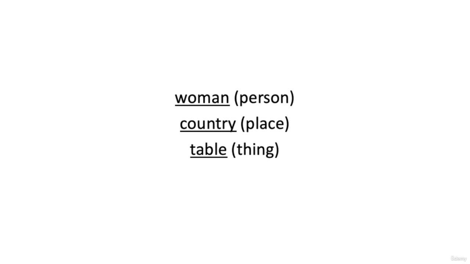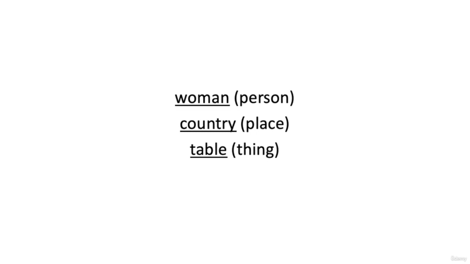Table is the name for a non-specific object or thing. Notice how the W in woman, C in country, and T in table are not capitalized. This is because common nouns are not capitalized unless they are the first word in a sentence.